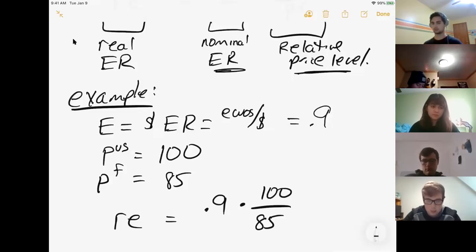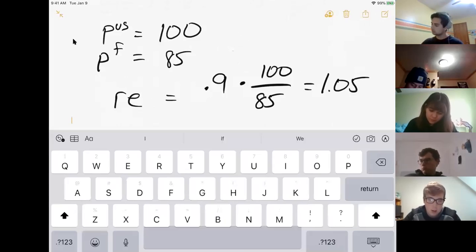Okay, let me find my calculator here. By my calculations, the real exchange rate is 1.05.